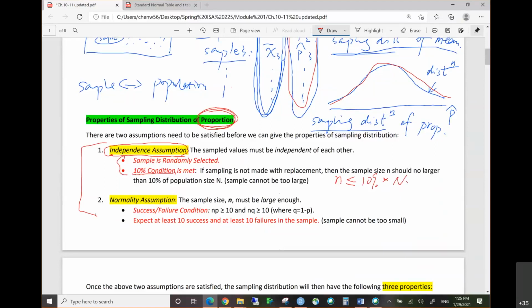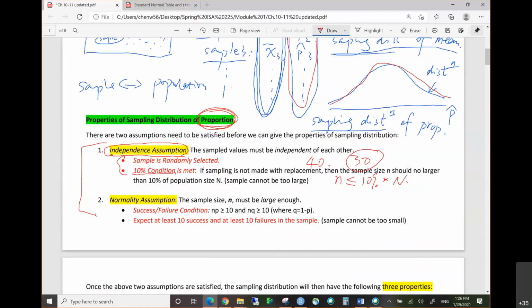For example, if my population is just 40 students, and I select 30 of them as my sample, then there will be a problem. Some of them in my sample are friends. Some of them are from the same major. Some of them may have taken the same course before, something like that, right?